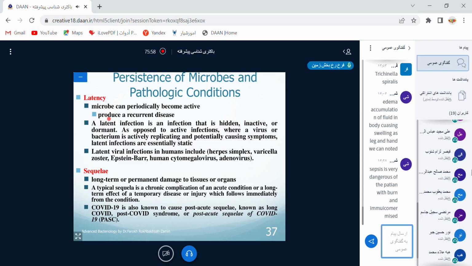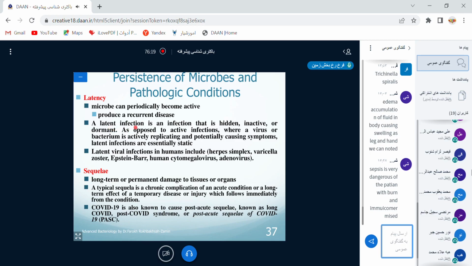So sometimes you have a disease, you go to the physician, you get a drug, but it is repeated, not a new infection. The previous infection starts again after some time. It is recurrent disease. We call it recurrent disease.